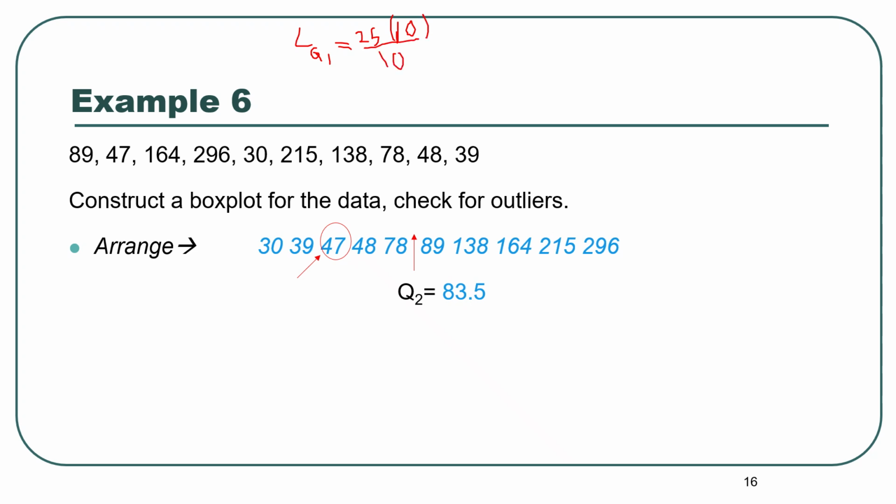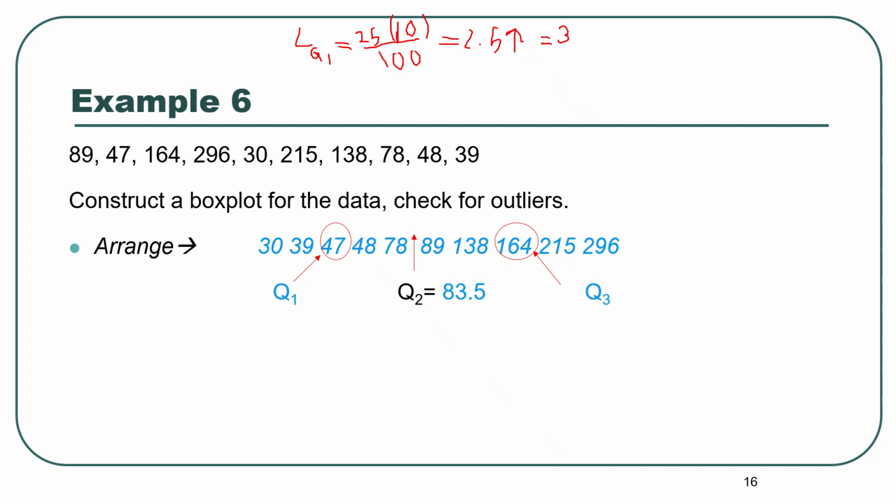This will give me 2.5. So raise it up or round it up, it's gonna be 3. So the value in position 3 would be your Q1. So this is your Q1. And similarly for the Q3, it's gonna be 7.5. So in position 8, it's gonna be your Q3.